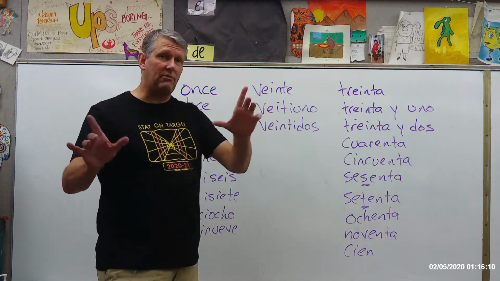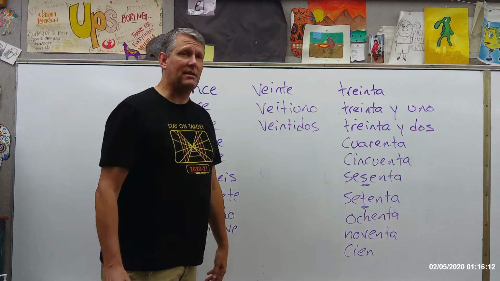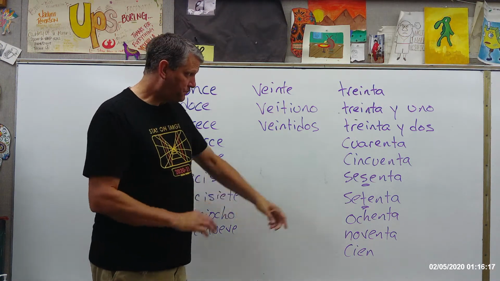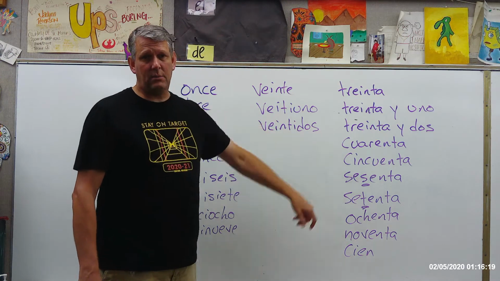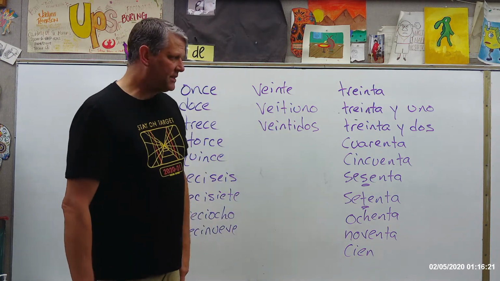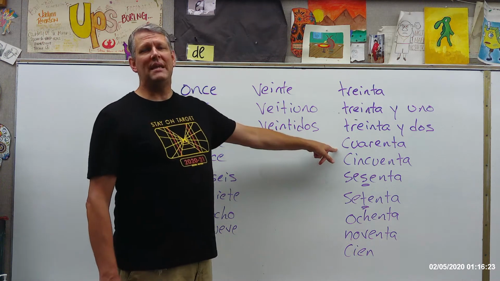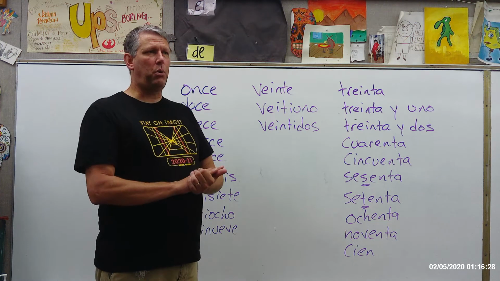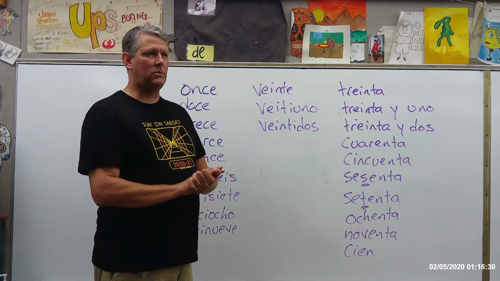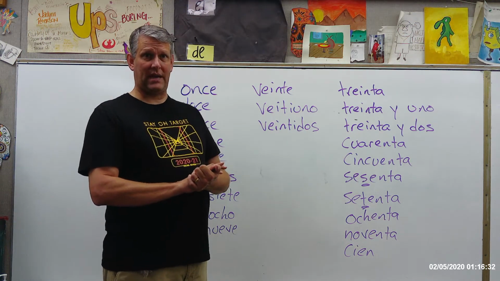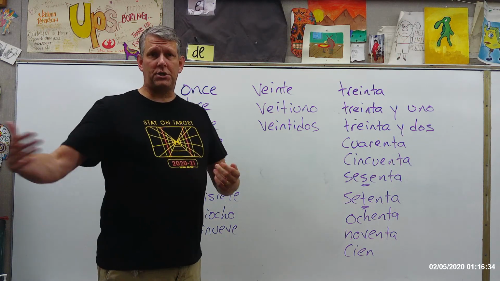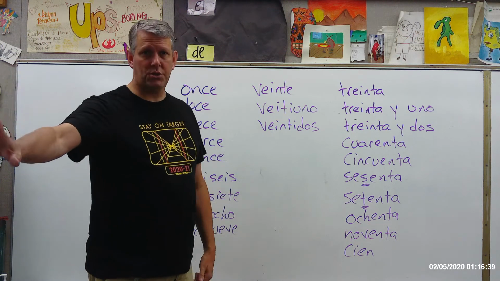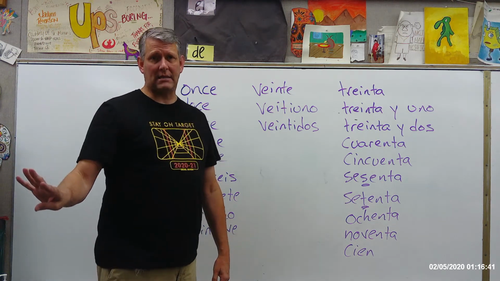Now, here's an interesting fact, because where I'm filming this is at the height of the COVID-19 lockdown, okay? This word is very similar to an Italian word, and this is where we get our word quarantine. Sailors who wanted to come into the port of Venice, there was a time when there was a lot of plague and all kinds of nasty illnesses going around, and so when a ship would come into port, the Venetian authorities would say, okay, you have to stay on your ship for 40 days.